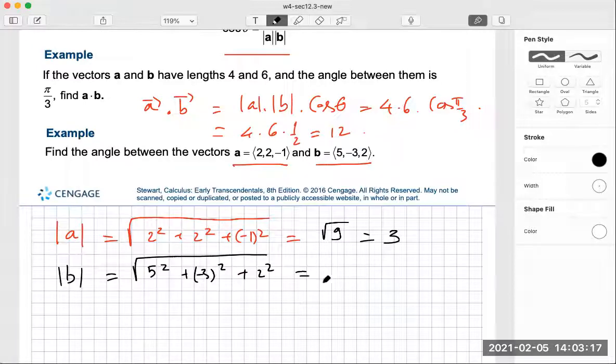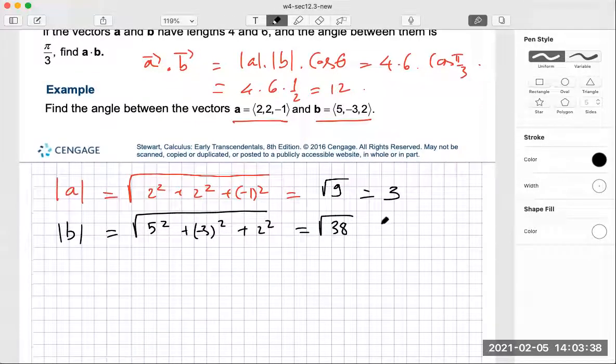In the end, it will be 25 plus 9 will be 34, 38, right? Okay, 38. Then we cannot simplify it further.